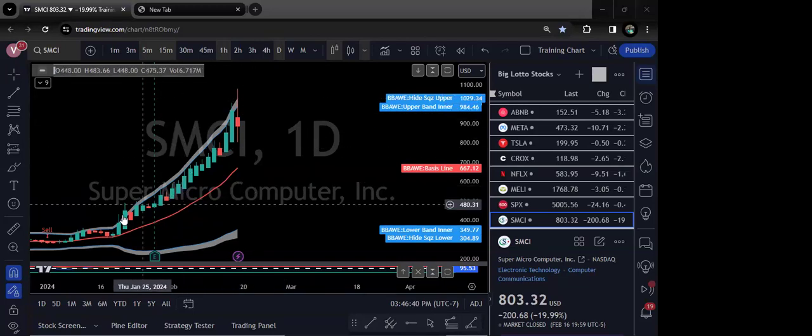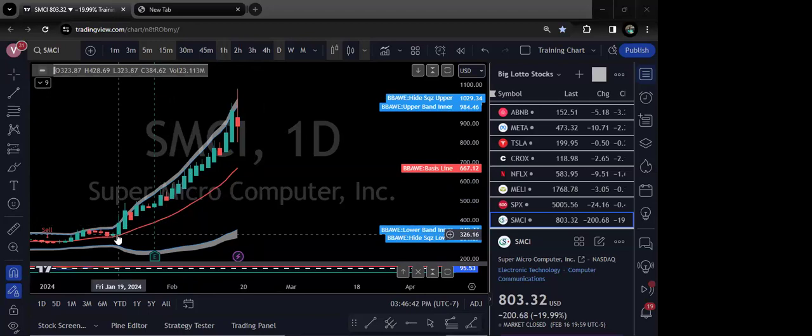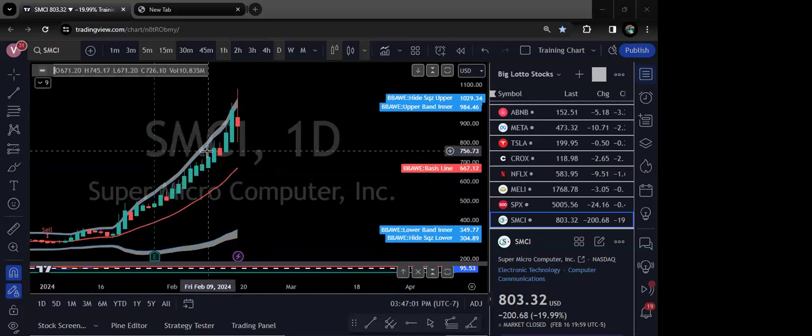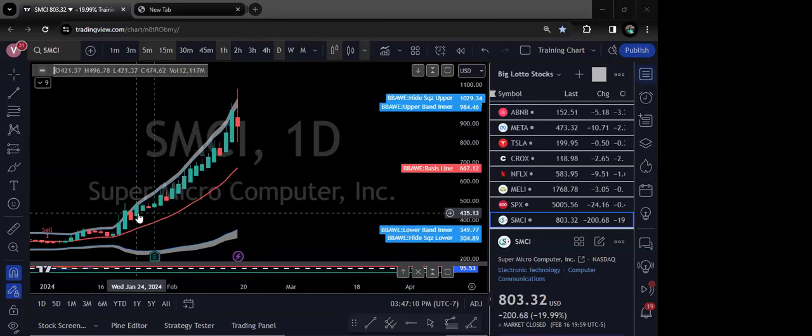When someone is selling a put, they're not buying. Let's say somebody got a 500 put or whatever put here, they're selling. As this stock is going up, their put is going up. That's why those puts cannot be bought, because people were anticipating this move, so they were selling puts.